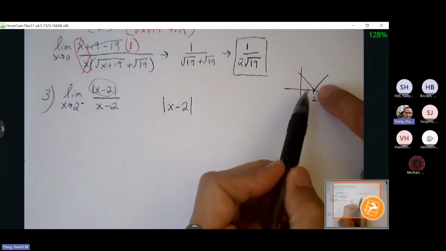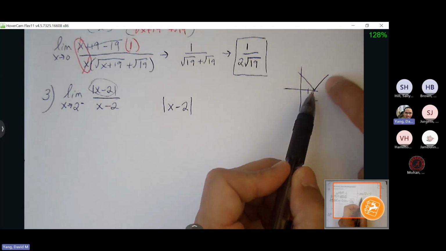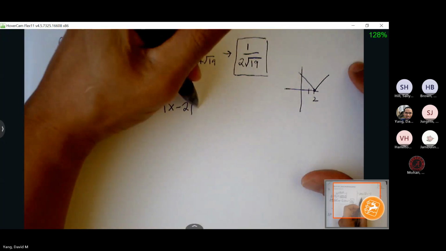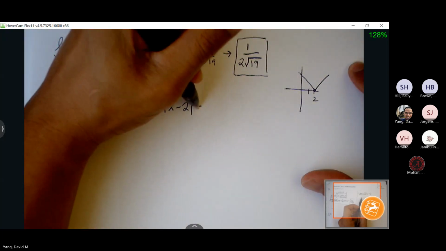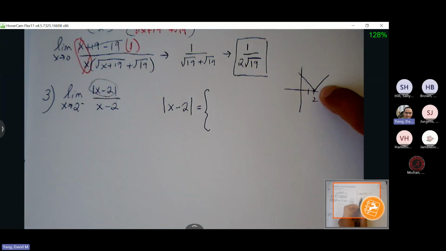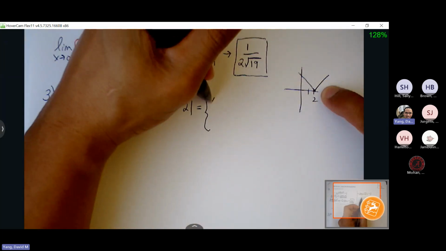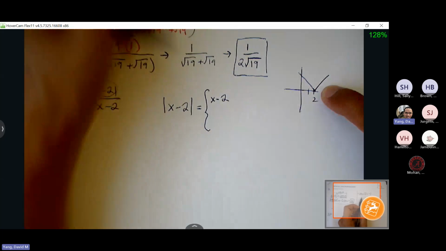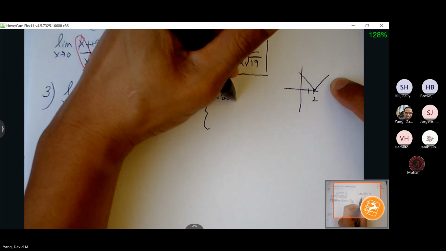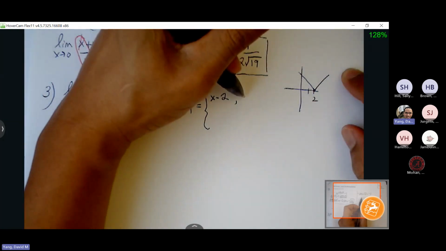On the right of 2, there's a segment showing positive slope, and to the left, there's a segment showing negative slope. So we know it's made up of two lines. The positive slope version is just x minus 2, no changes, just drop the absolute value, and it lives to the right of 2.